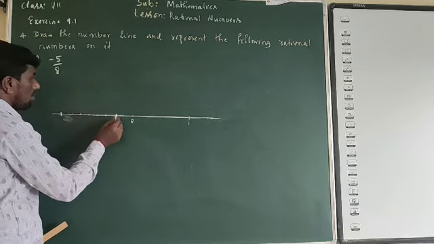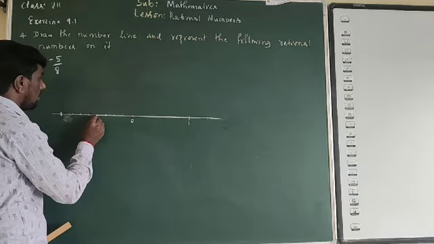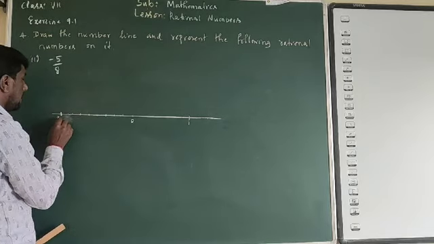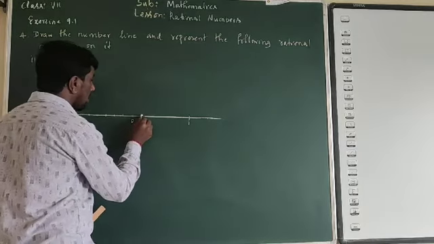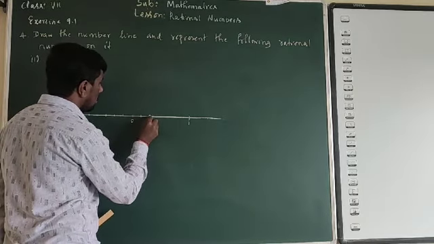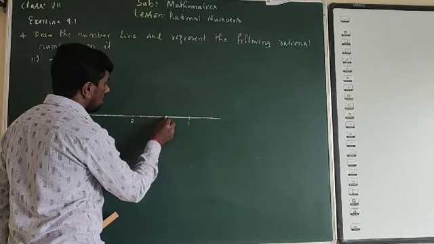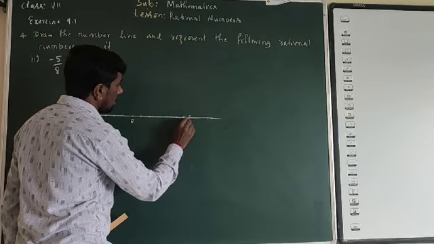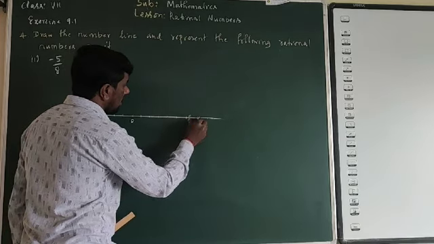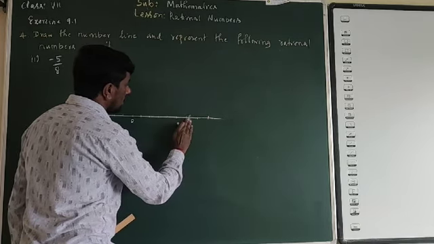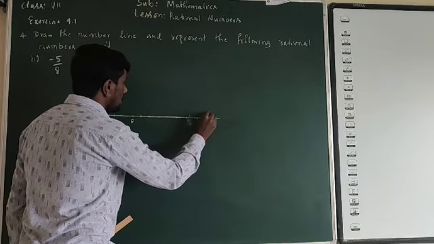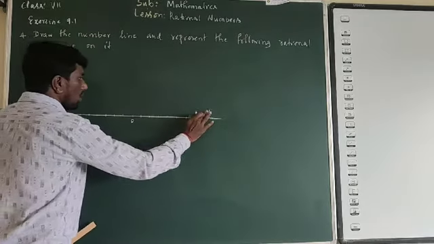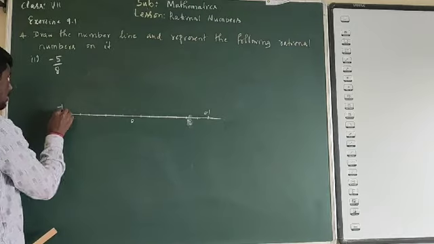Look at this: 1, 2, 3, 4, 5, 6, 7, 8. Okay, so this is minus 1. Similarly here also 1, 2, 3, 4, 5, 6, 7, 8. I'm sorry, this is plus 1. This is the positive side, and this is minus 1.